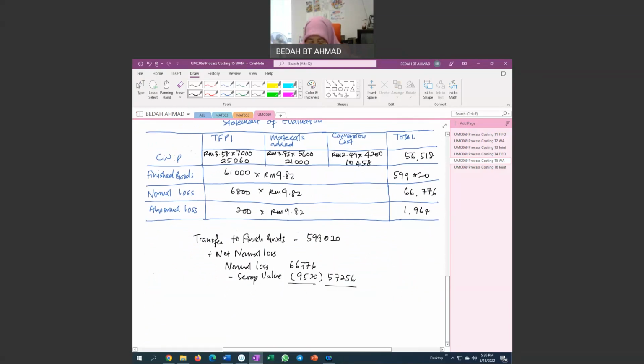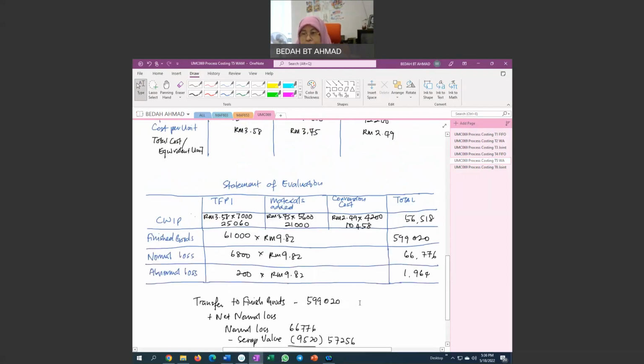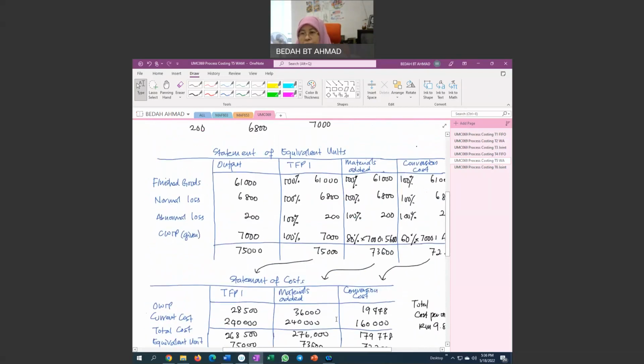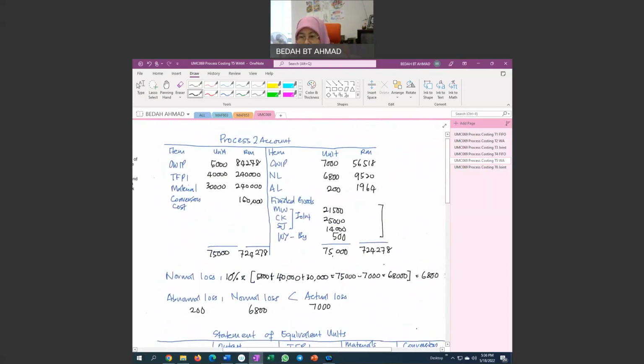So it is 656,276. So this is the value that we transfer to our finished goods, 656,276. So that is actually for this one.